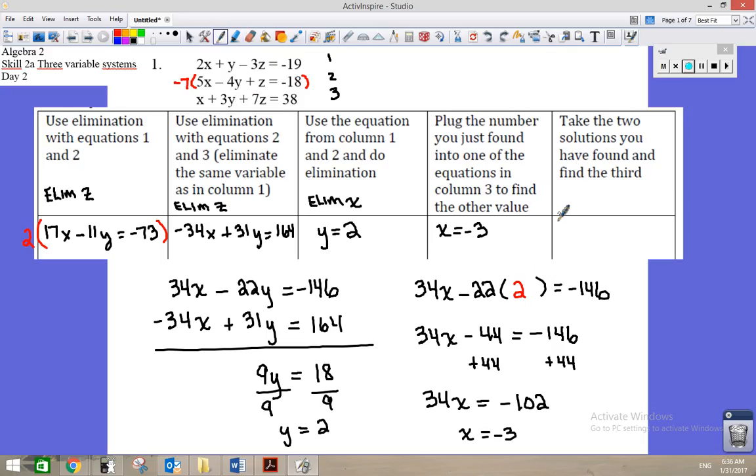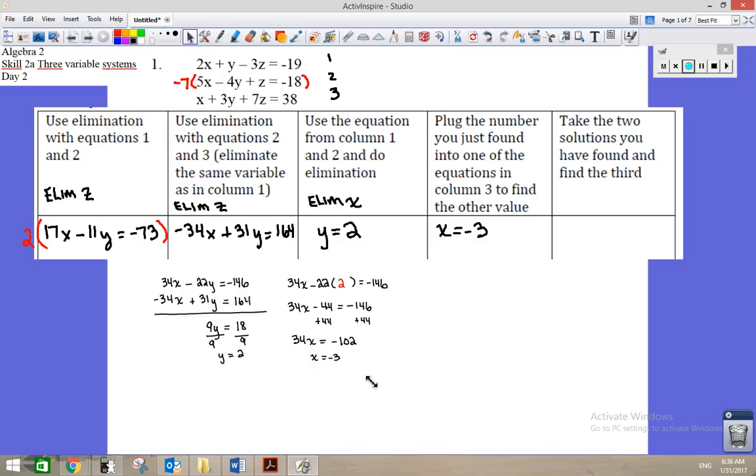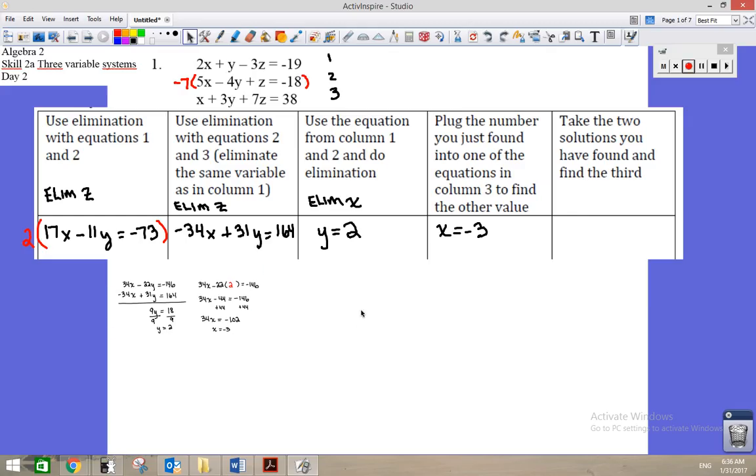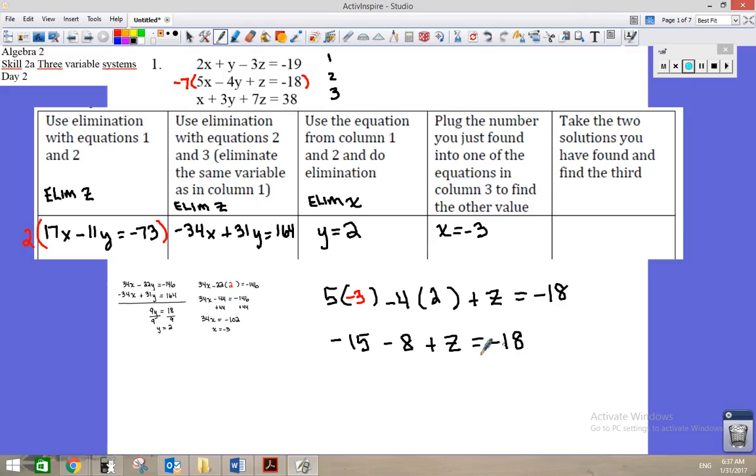So if we pick equation 2, we've got 5x, but we know x to be negative 3, minus 4y, but we know y to be positive 2, plus this z that we're trying to figure out, equals negative 18. So we've got negative 15 minus 8 plus z is equal to negative 18.